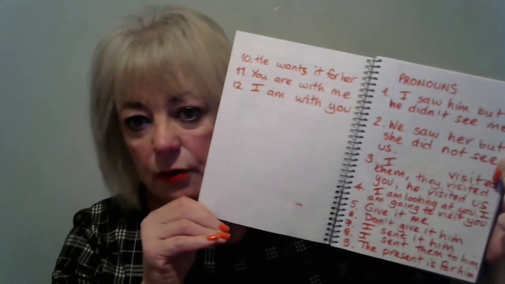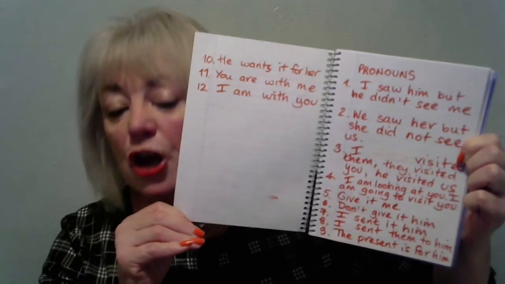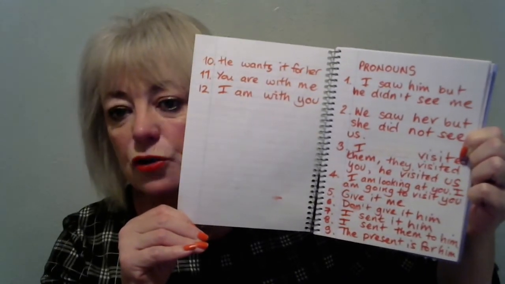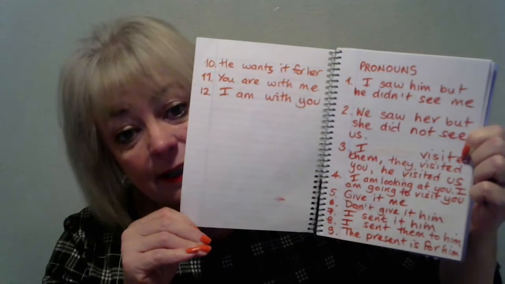Okay, vale, so we're going to look at some sentences now in English, which again you're going to translate into Spanish. I'm going to hold them up, see if I can get all of them up there. Number 1, I saw him but he didn't see me.